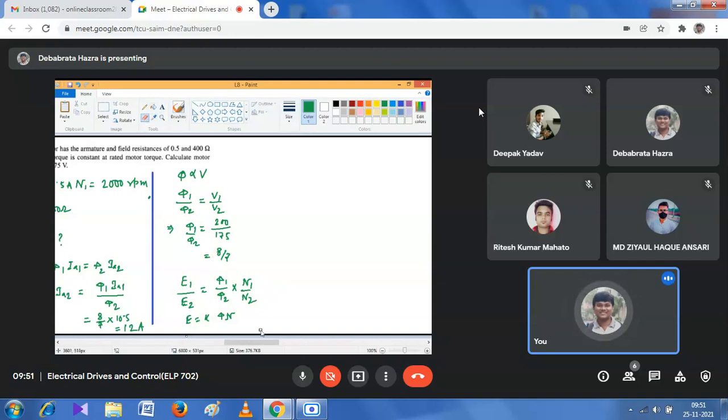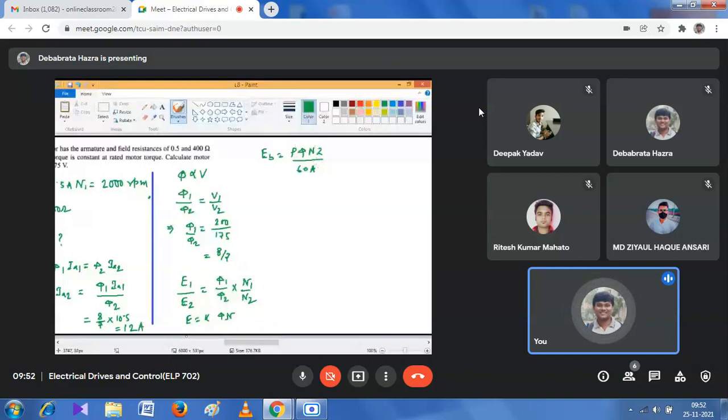The actual formula for the back EMF is EB is equal to P phi NZ by 60A. If a machine has been designed, then we can consider P, Z and A are constant.